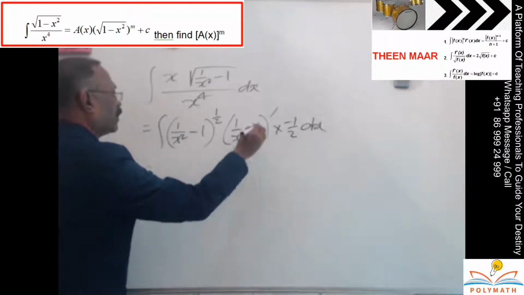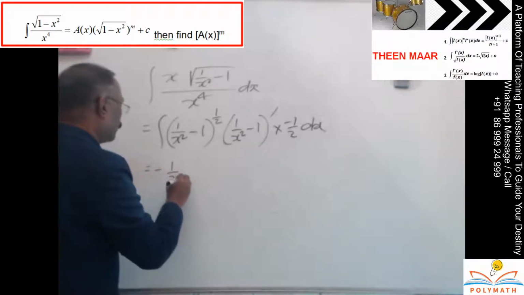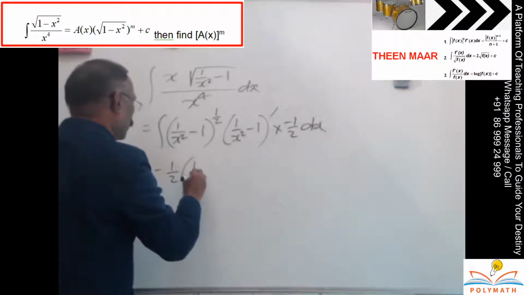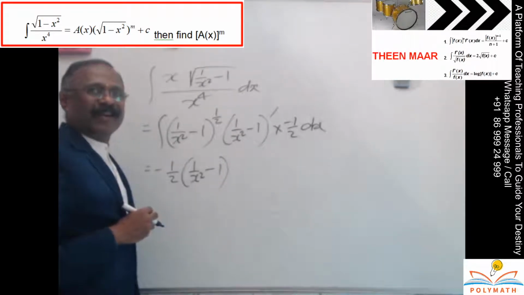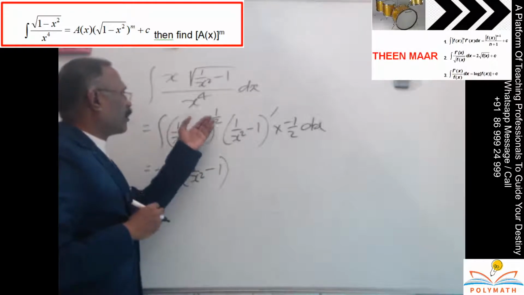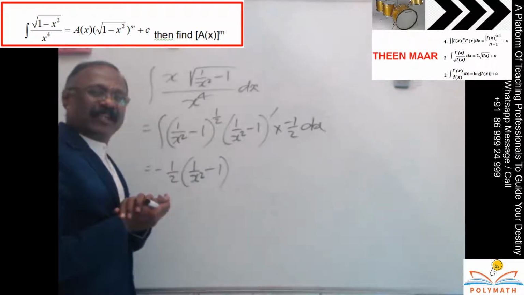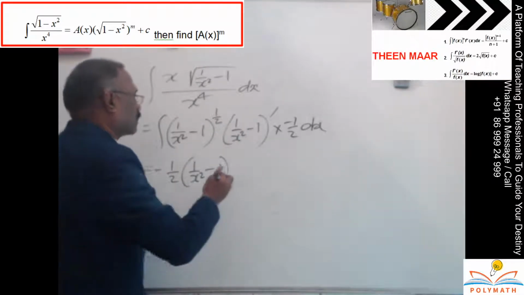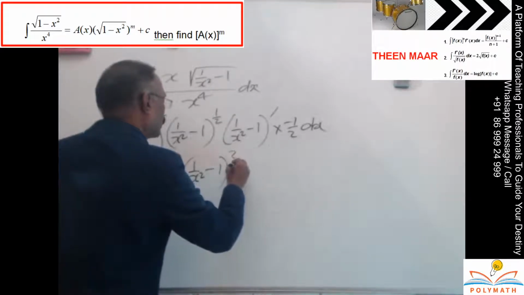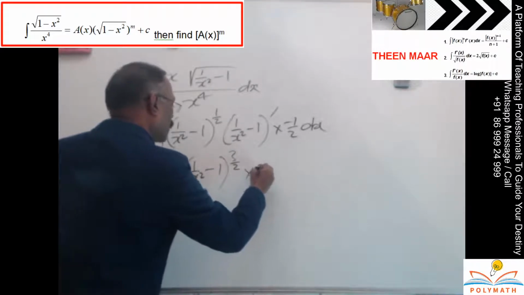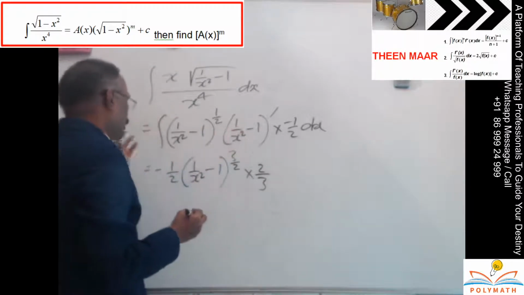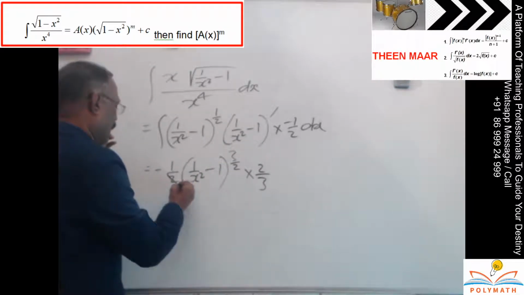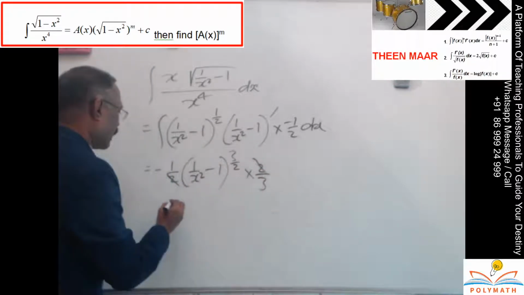So what is that you get here? Minus 1 by 2 into 1 by x square minus 1. Just see that. 3 bar 1, fx power n into f dash x is nothing but fx power n plus 1 by n plus 1. Into minus 1 by 2, I wrote it already. So 2 is getting cancelled here.